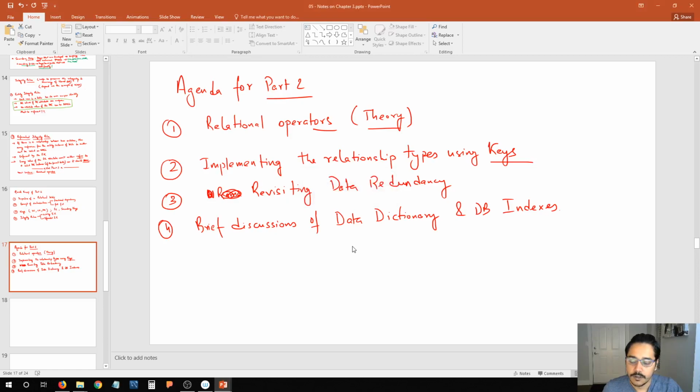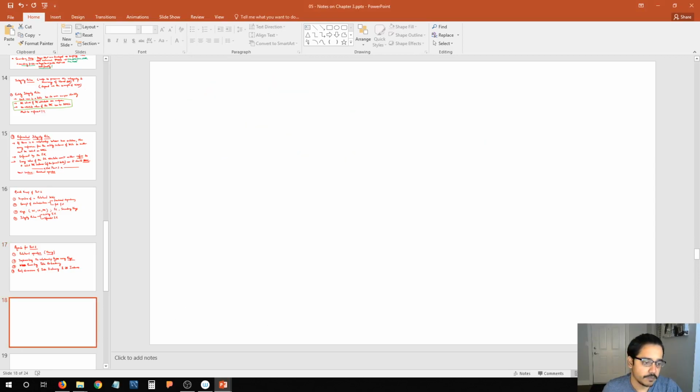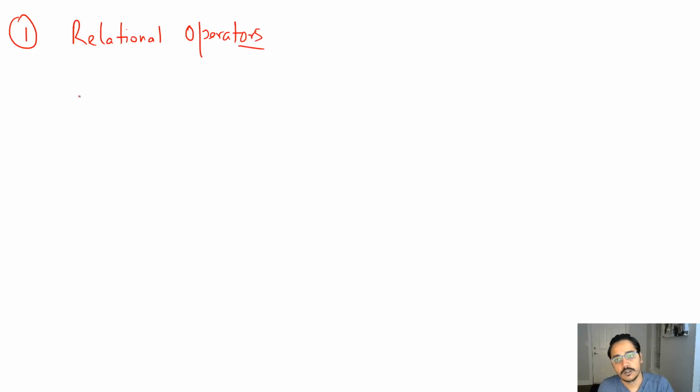So let's take the first topic, which is relational operators within the database environment. Relational operators can be categorized in two ways.